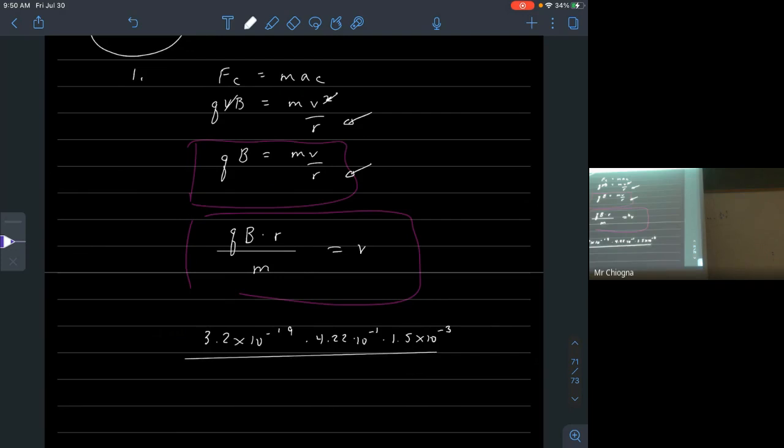It's an alpha particle, so we know what the mass is. The mass is 6.65 times 10 negative 27.